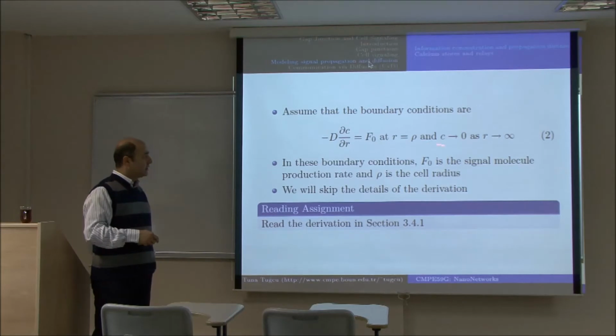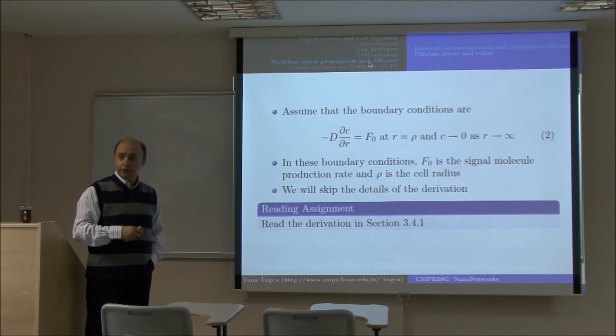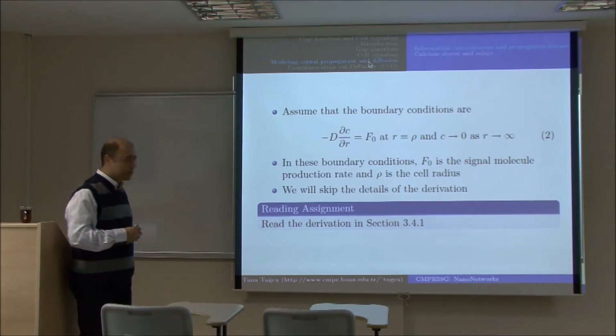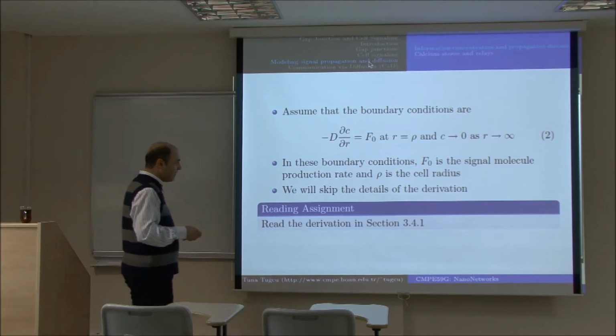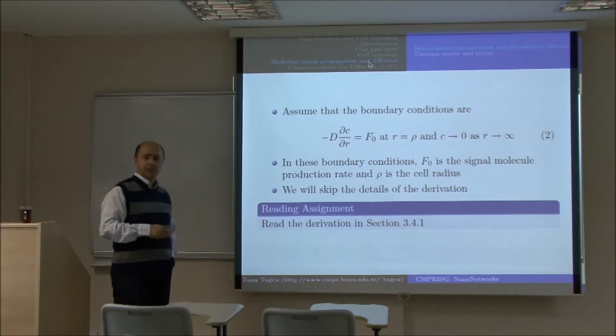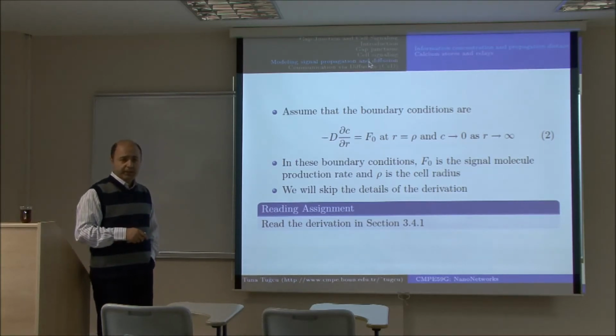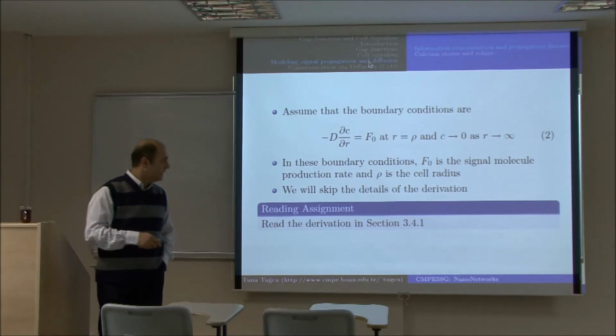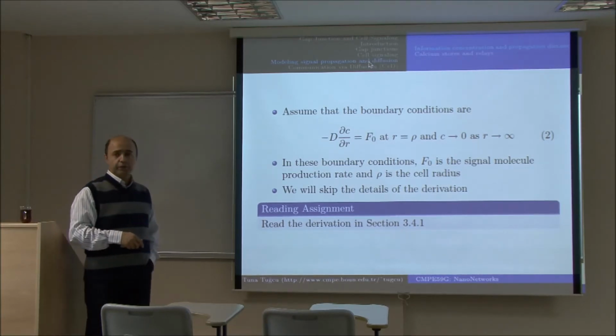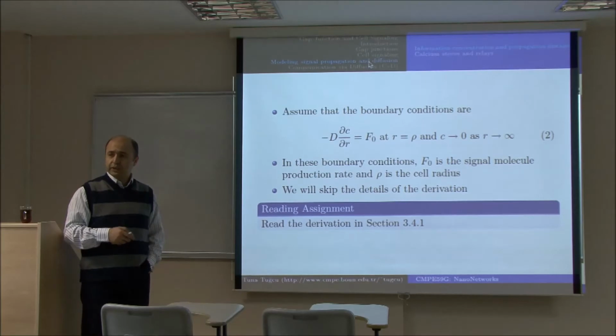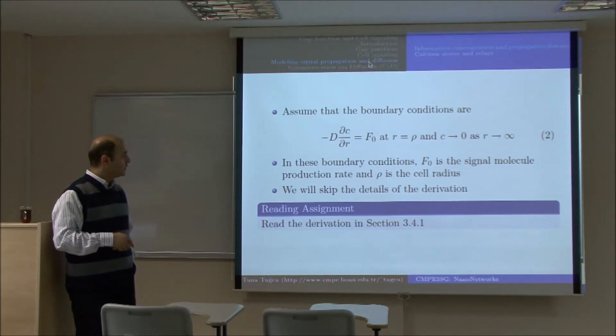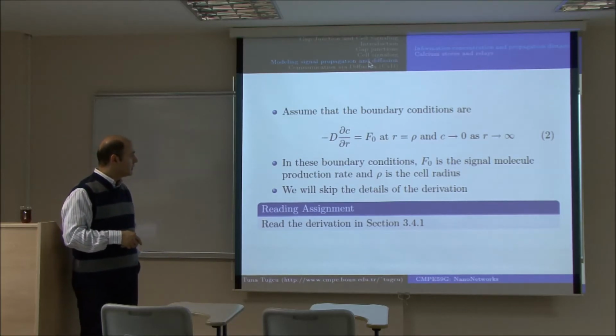In that case, the concentration will of course diminish down to 0. We will not go into the derivation of this. Please refer to your textbook and read section 3.4.1 for the derivation, but we will not go into that derivation during the lecture.